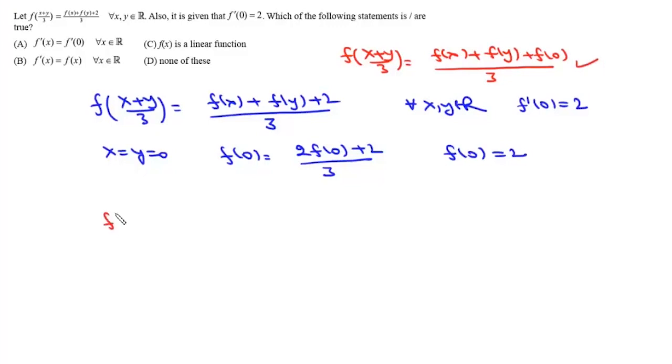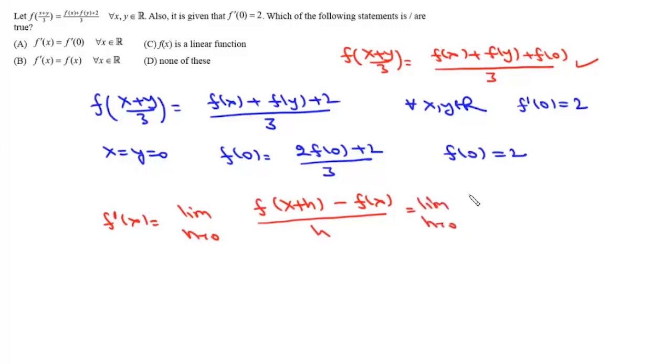Now we'll write f dash x as this limit h tends to 0 of f(x plus h) minus f(x) upon h. Now we can write f(x plus h) as this limit h tends to 0 of f of (3x plus 3h) by 3 minus f of (3x plus 0) by 3, whole divided by h.